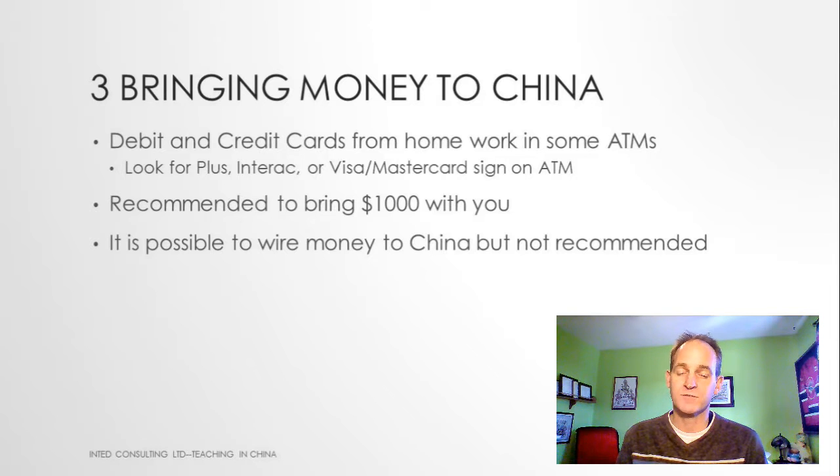Now, when you're first coming to China, we do recommend that you come prepared to bring about 1,000 Canadian dollars with you. So that means either bringing your ATM card and just taking out the money, or preparing some renminbi in advance. The reason we recommend about $1,000 is just because you're not going to be paid on arrival. You're going to be paid after a month's work, and naturally you are going to have some costs getting set up.